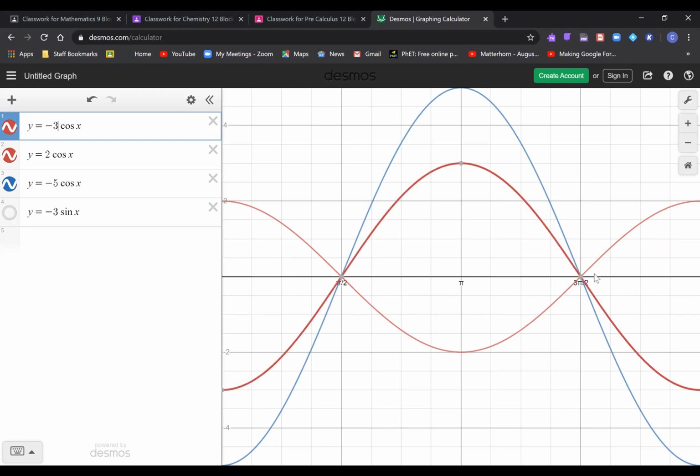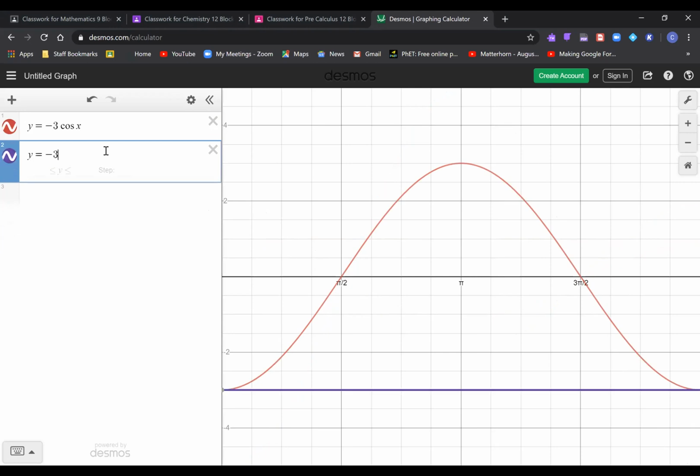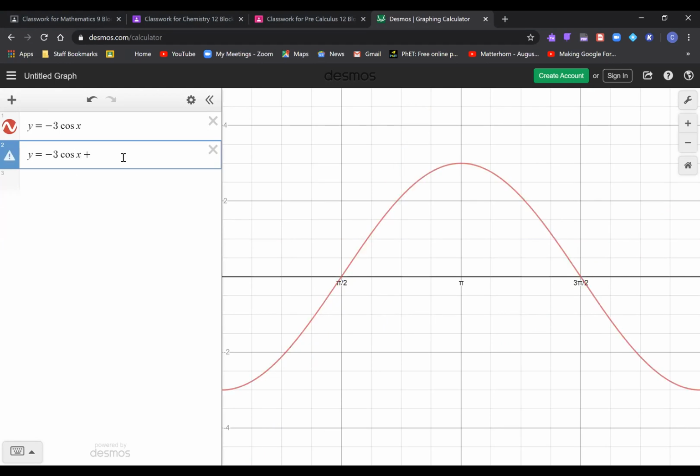I'm going to get rid of these other graphs here. So that's the one we just drew, the negative 3 cos x. And let's say you typed in y equals negative 3 cos x, but then you just add a 2 on the end. So there's your purple graph. So you got this movement up here.